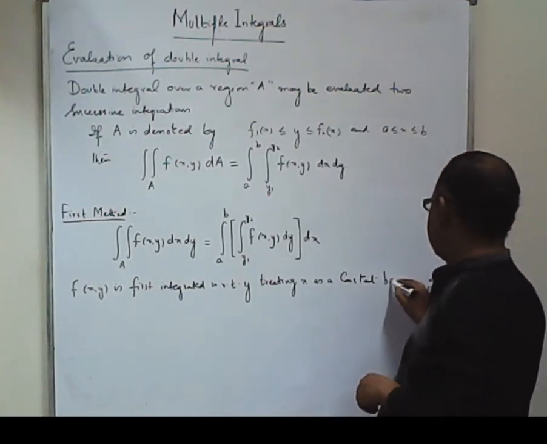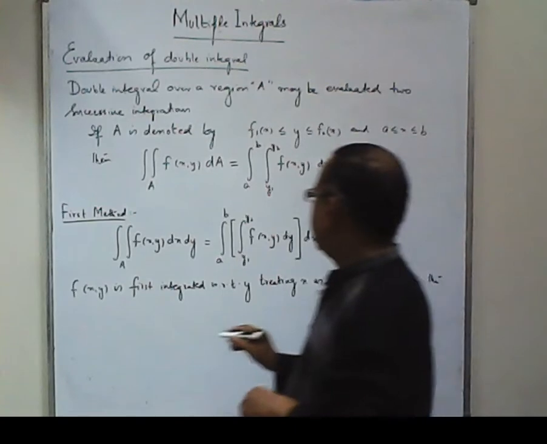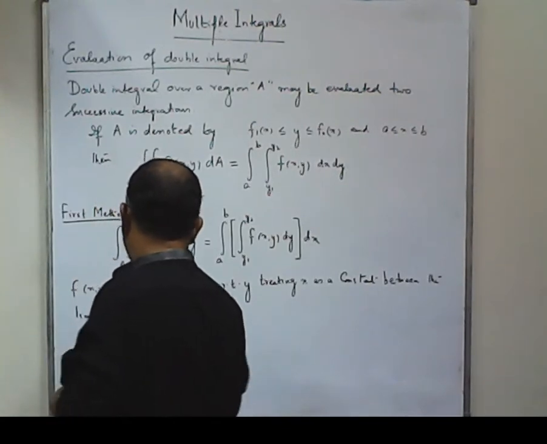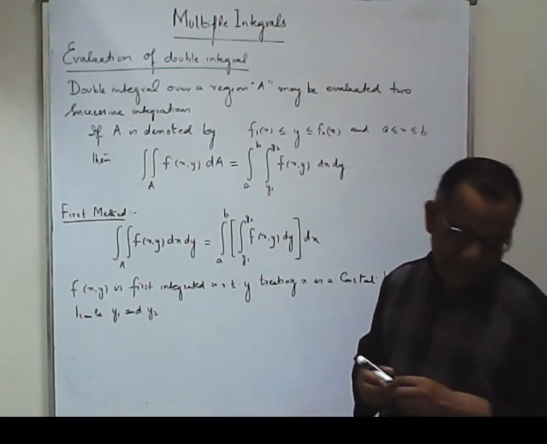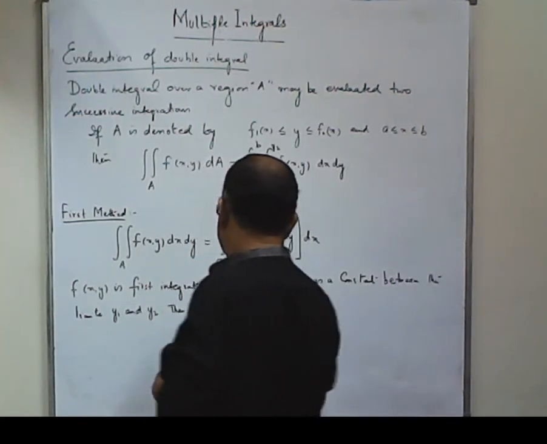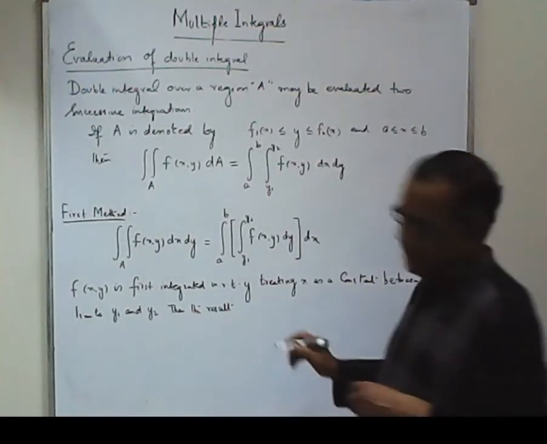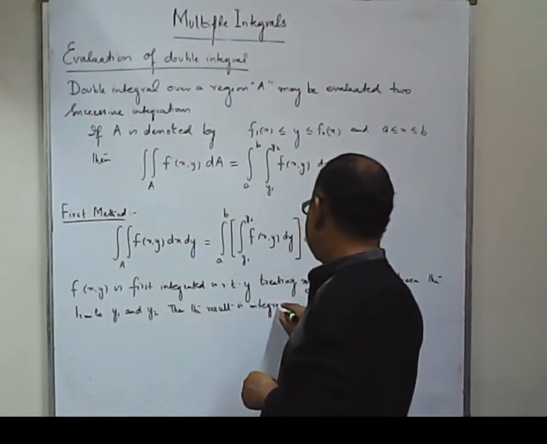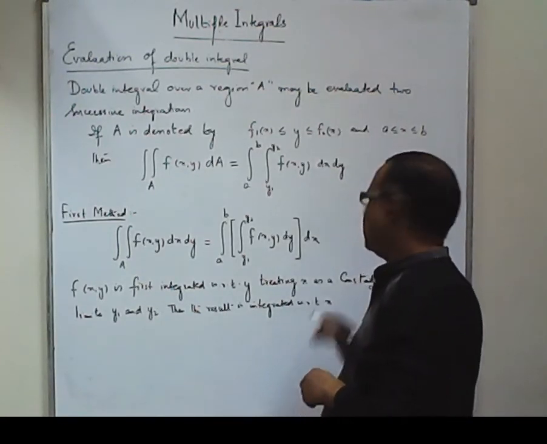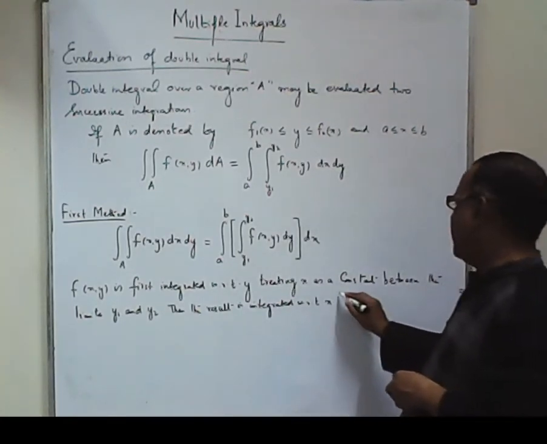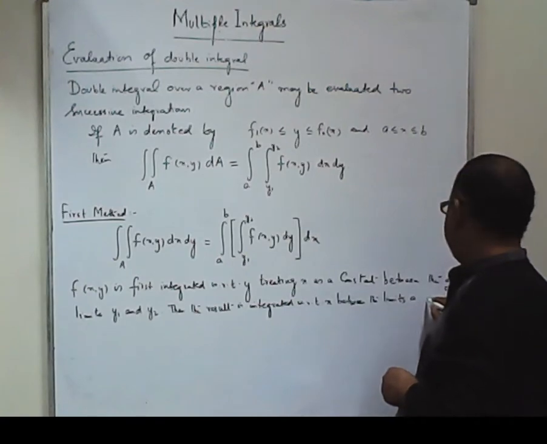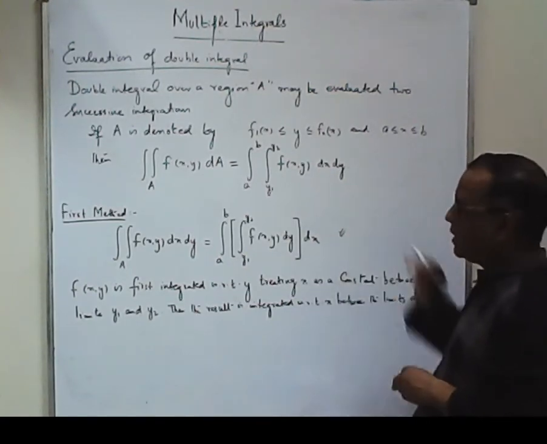between the limits y1 and y2 as written here, and then the result is integrated with respect to x between the limits a and b, which is given here.